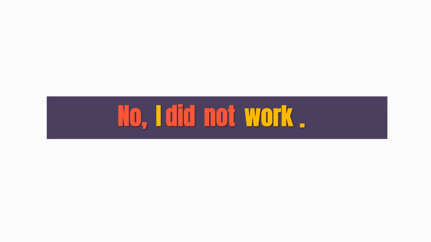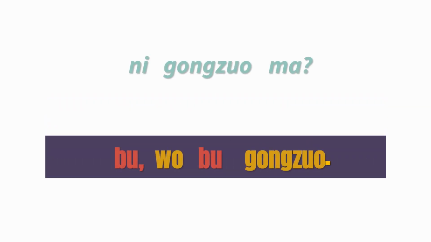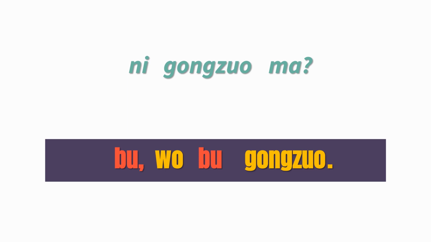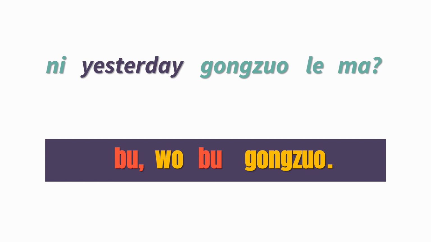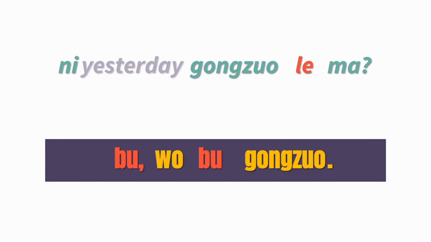Now, let's take a look in Chinese. Remember the question for general cases? The question was 你工作吗? And here, the question would be 你昨天工作了吗? Le indicates a status as already happened.